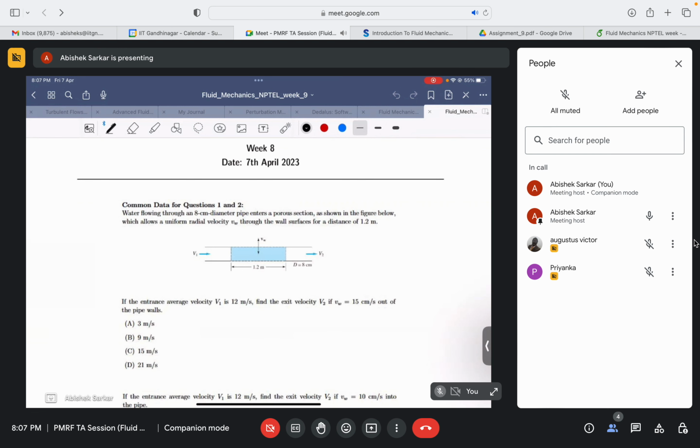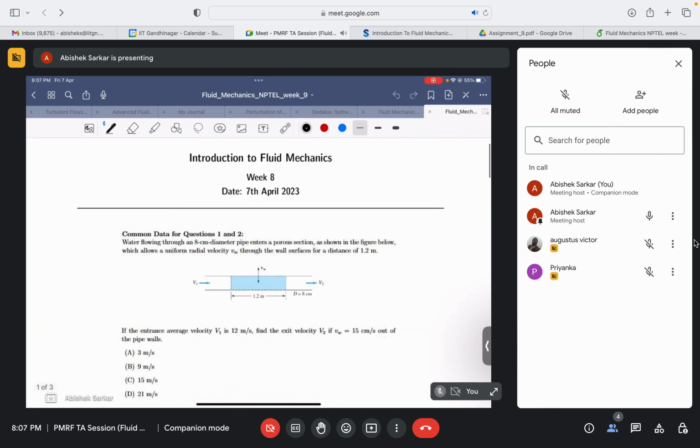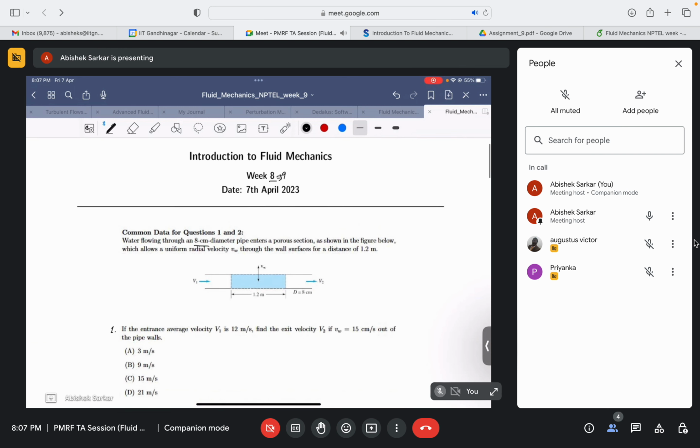Okay, so this is question number 1. Let me read it. Water flowing through an 8 centimeter diameter pipe enters a porous section, as shown in the figure below, which allows a uniform radial velocity VW through the wall surfaces for a distance of 1.2 meter.